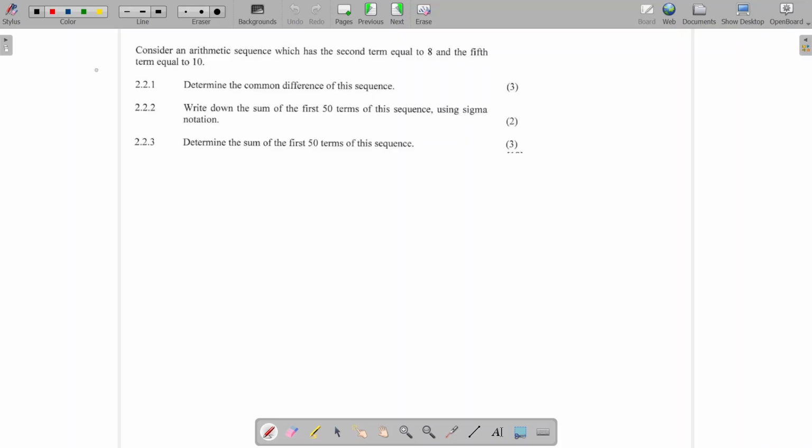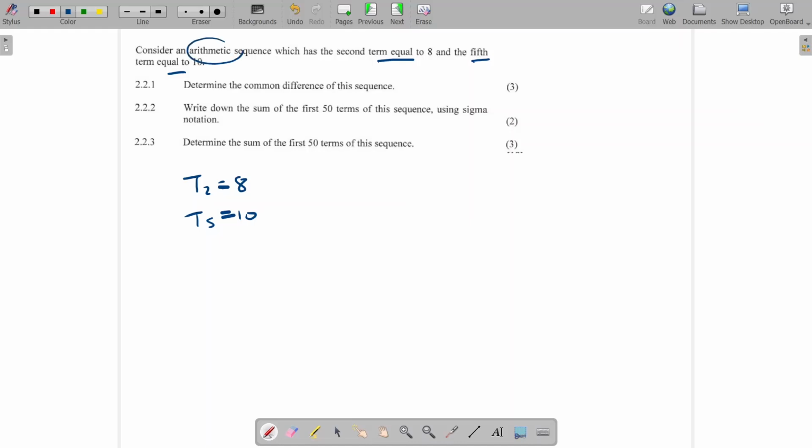Now I've got some exam questions that involve sigma notation, and let's have a look. I'm going to go through this fairly quickly if I can. Determine the common difference of the sequence. To start with, they're telling me that T2 equals 8 and that the fifth term equals 10.